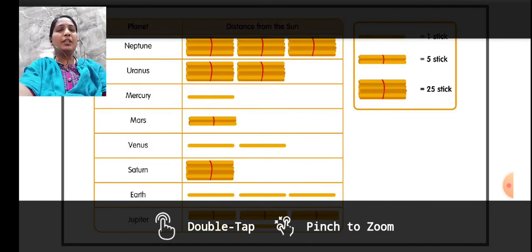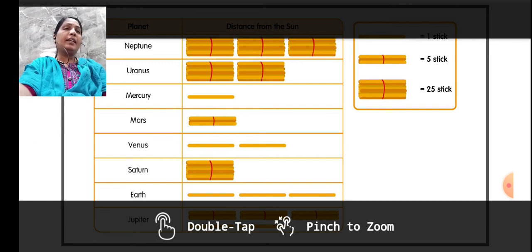Wherever one stick is there in front of a planet, that means it is very close to the sun. The next planet which has 2 sticks will come to the second position, and the planet which has 3 sticks comes in the third place.